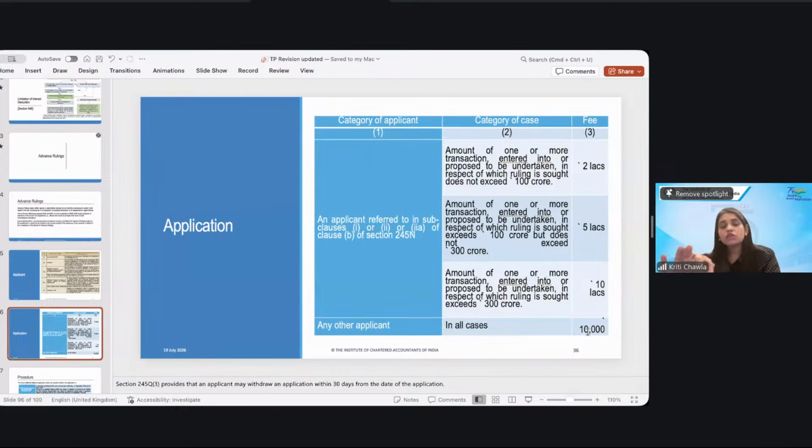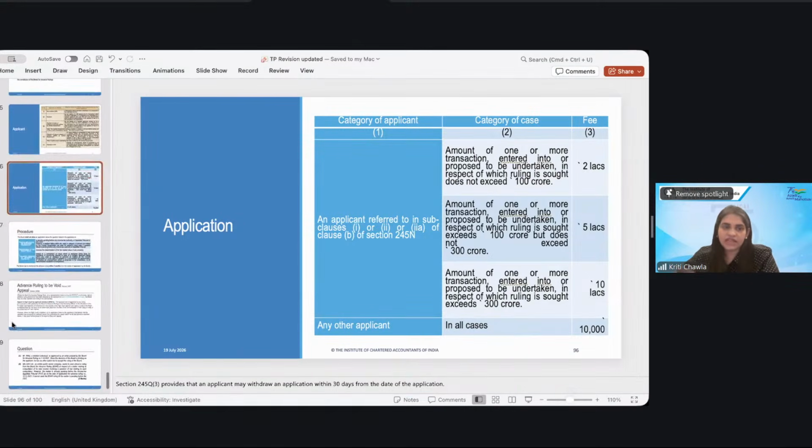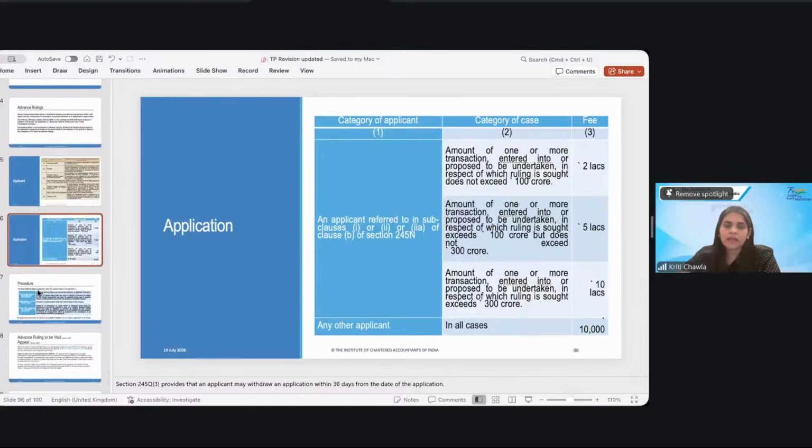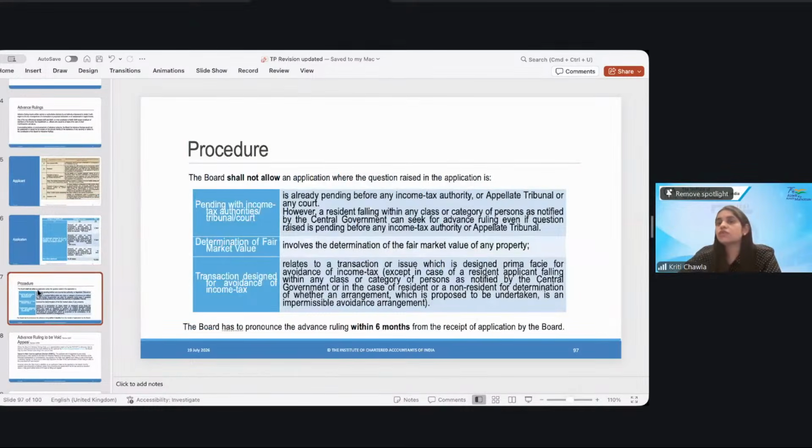So section 245Q, subsection 3, provides that an applicant may withdraw an application within 30 days from the date of the application. Now, what is the procedure for advance ruling?